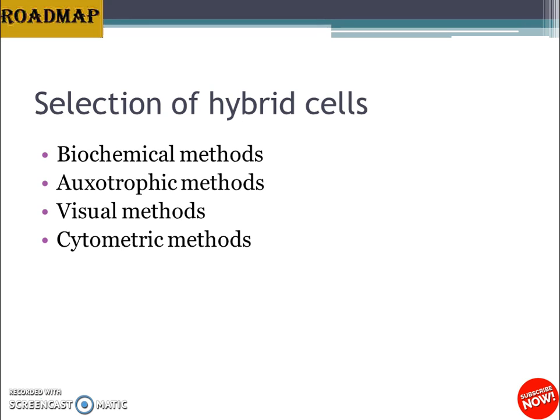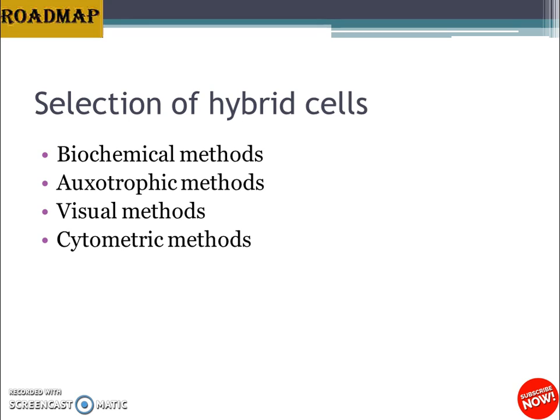Mechanical isolation is the other method carried out in the visual method. The visually identified heterokaryons under the microscope can be isolated by mechanical means, which involves the use of a special pipette, namely the Drummond pipette, and the isolated heterokaryons can be cloned to finally produce hybrid plants.